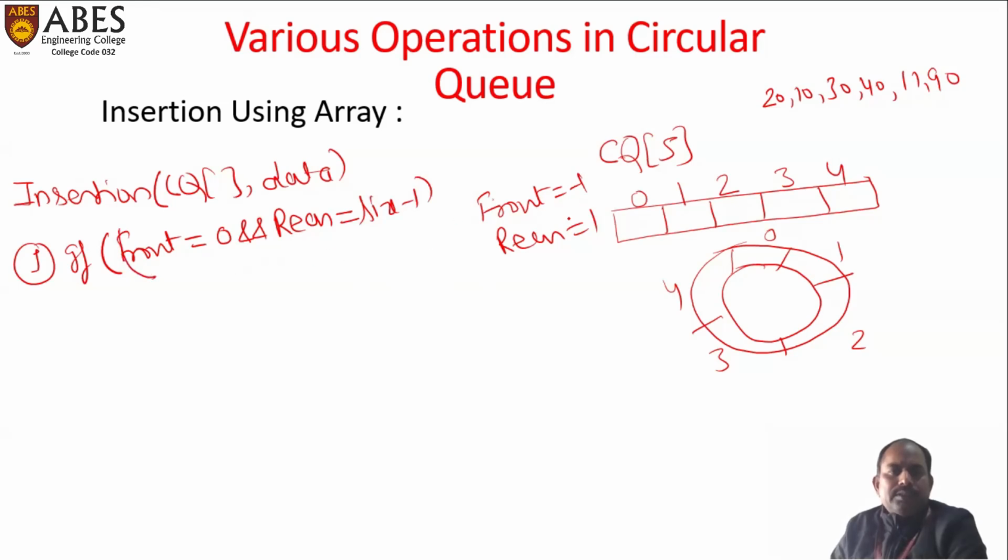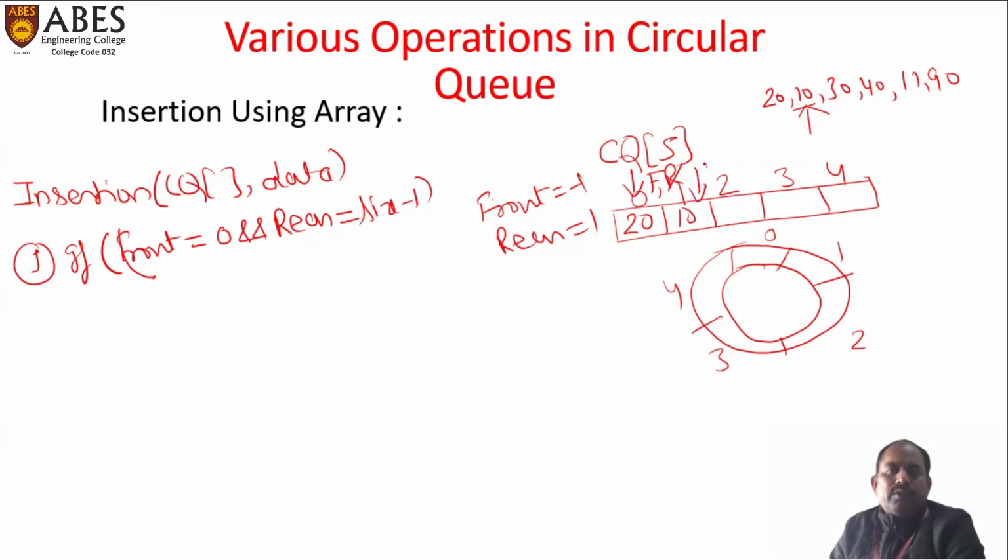How does it happen here? Suppose we have inserted element 20, then front and rear are both set at 0, and we insert 20 at this location. Now, for insertion of 10, we just increment the value of rear and store 10 at this location.